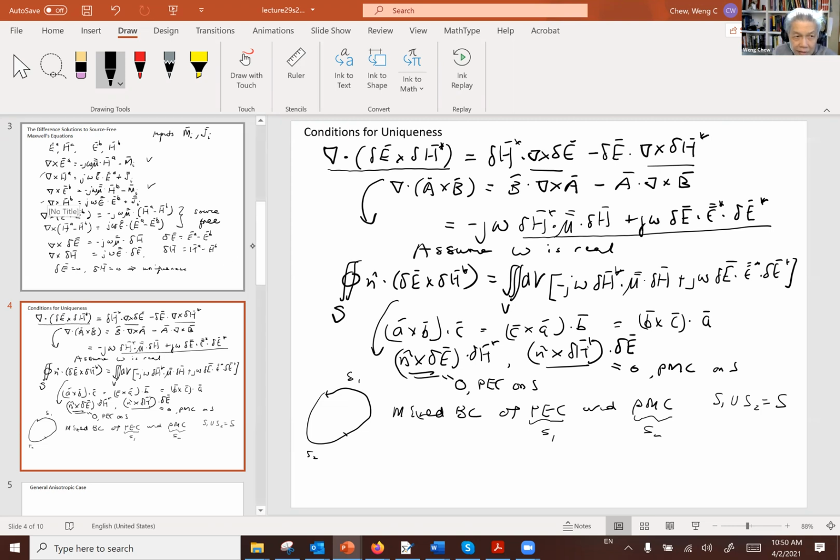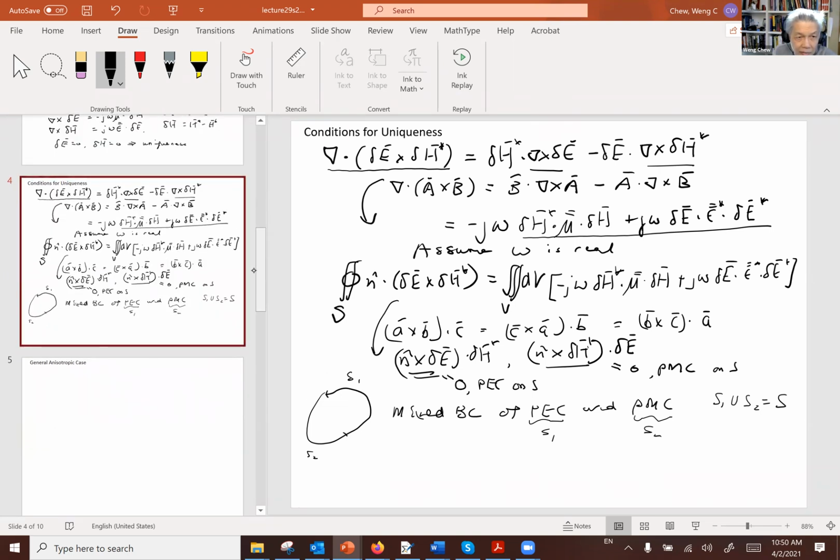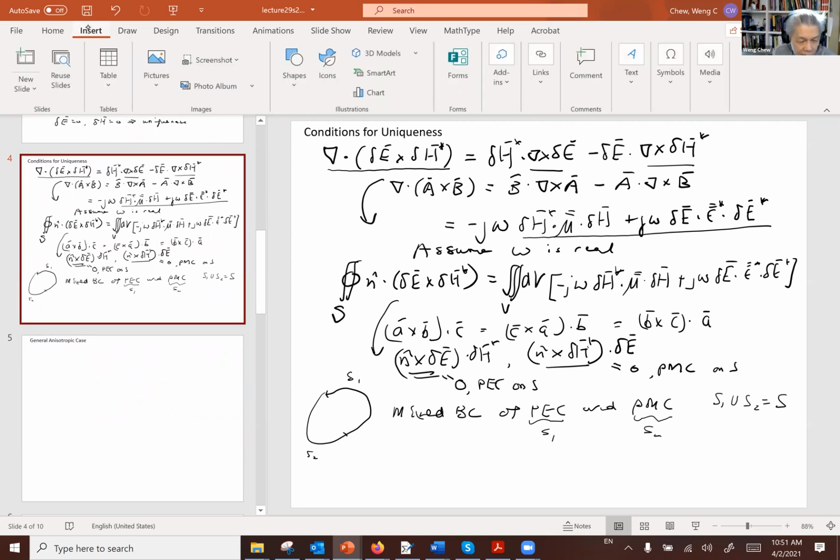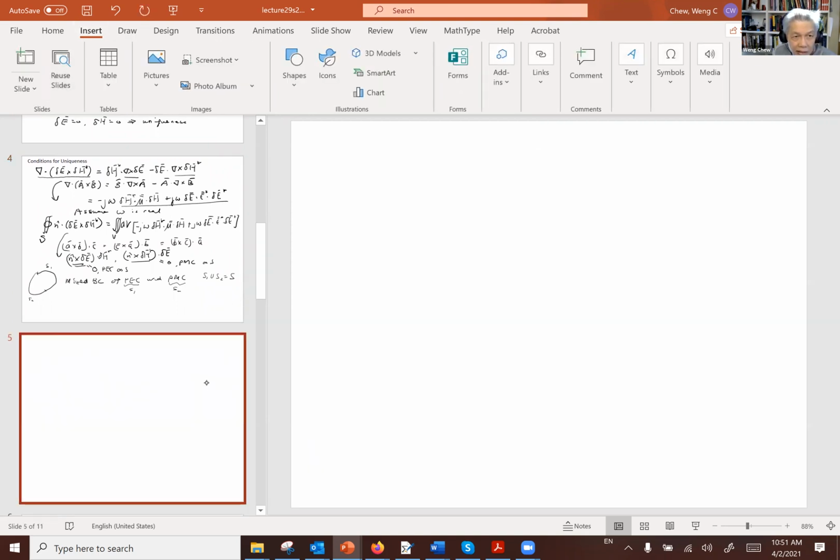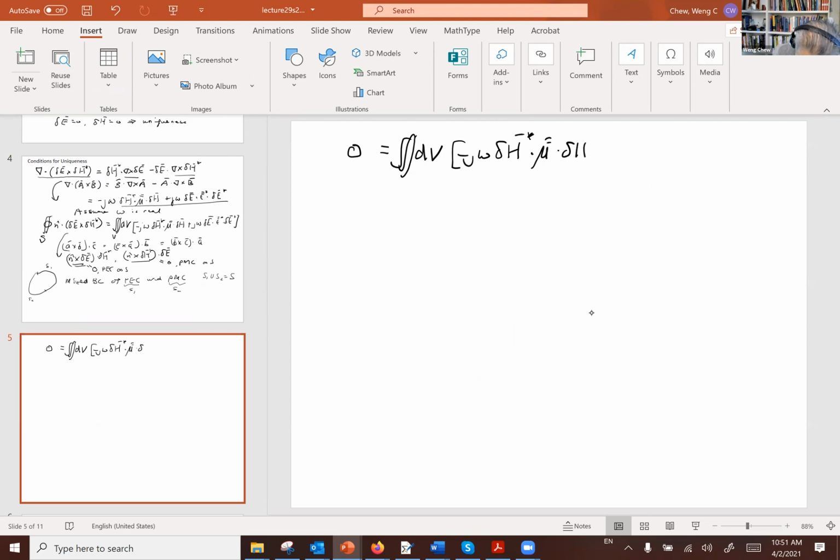So if I do that, let me put a new slide for this. I can actually make the left-hand side equal to 0, and then I end up with this identity: 0 must be equal to the volume integral of j omega delta H star dot mu dot delta H plus j omega delta E minus epsilon star dot delta E star.